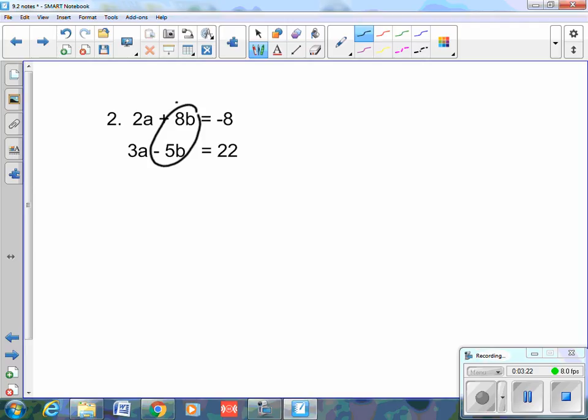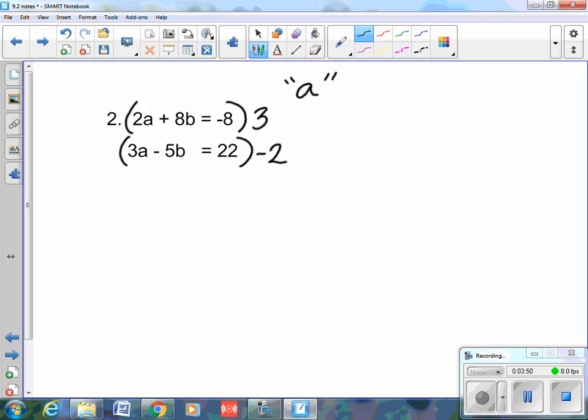So keep in mind you can either get rid of the a's or the b's. And I'm just going to work with the a's. So in order to work with the a's, I'm going to multiply this one by 3. And I'm going to have to multiply this one by negative 2. And why am I multiplying by negative 2? So that my a's are going to be opposite. So here I go. You got to be careful.